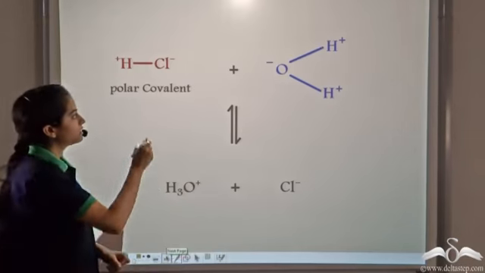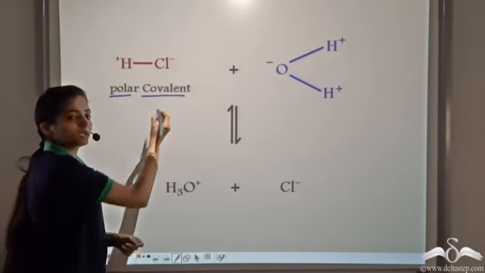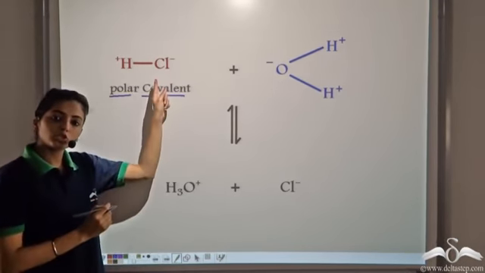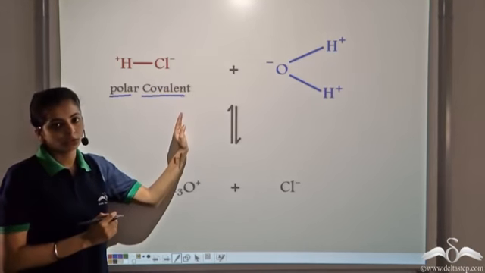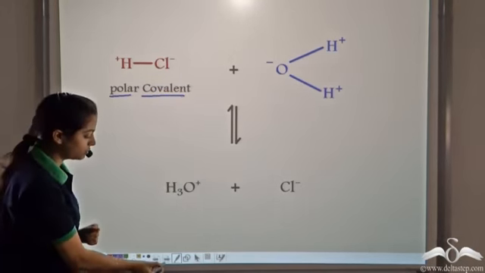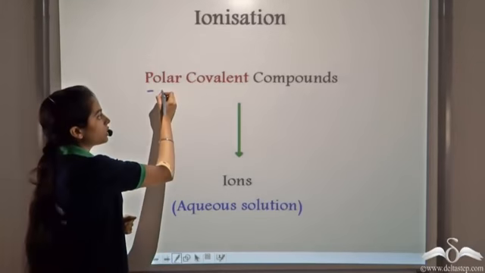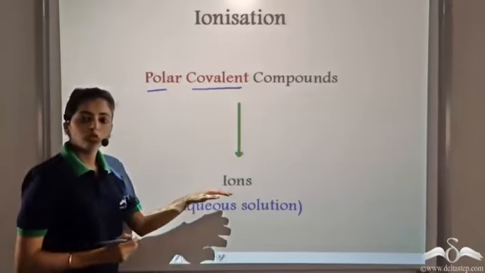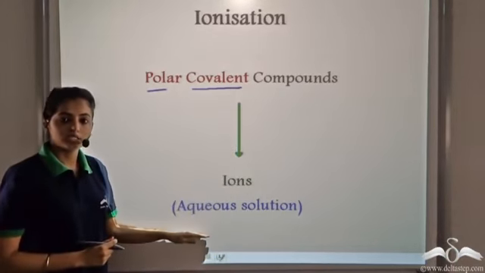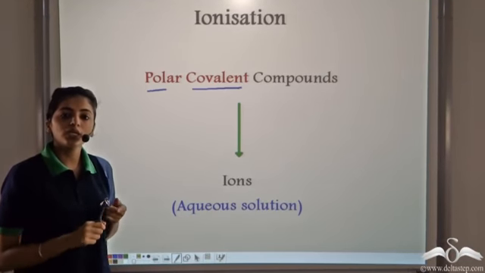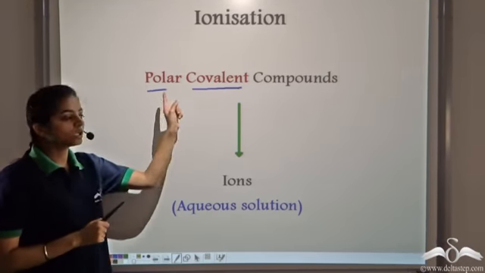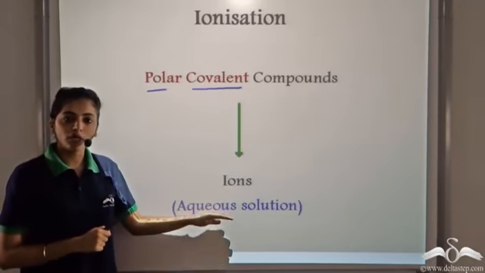So we see that in case of polar covalent compounds, there is separation of charges, so on adding water, the two ions separate out. So for covalent compounds, only polar covalent compounds form ions in the aqueous state. They do not form ions in the molten state. Only in the aqueous state do the polar covalent compounds form ions.